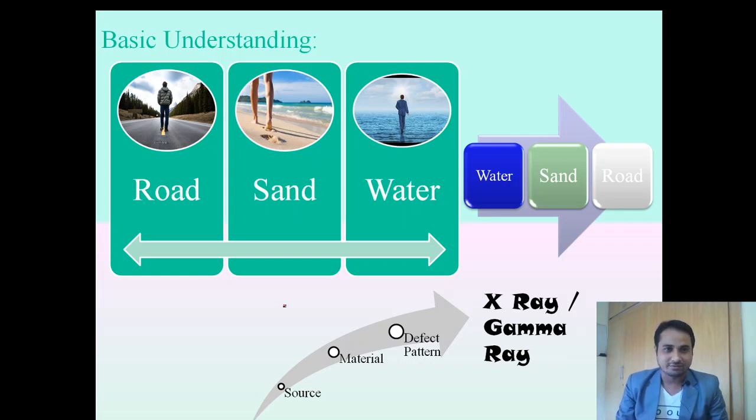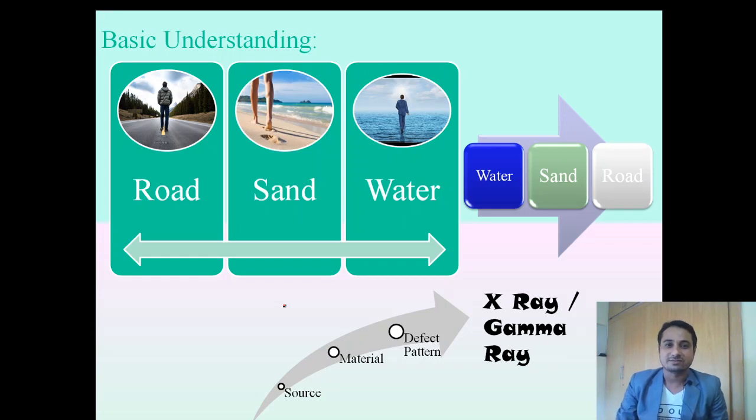He can walk with a high speed, up to his ability. But coming to the second option, if a man is walking on sand, the friction will be higher, and the man will not be able to walk much, and he has to apply more force to go forward. So in the second option, the speed will be a little less. You have to apply more energy.